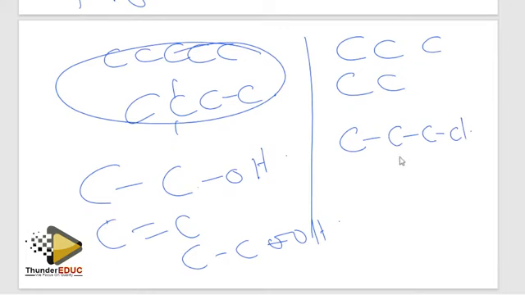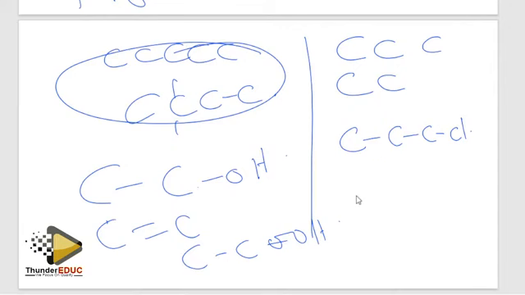When it goes to ketones, it has London forces and dipole forces. When it goes to esters, it has dipole forces and London forces. When it goes to carboxylic acid, it has London forces, hydrogen bonds, and dipole forces.